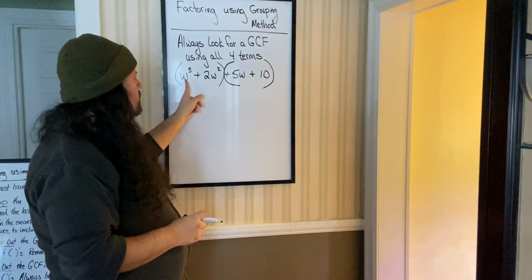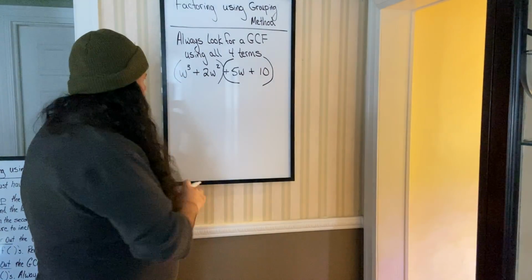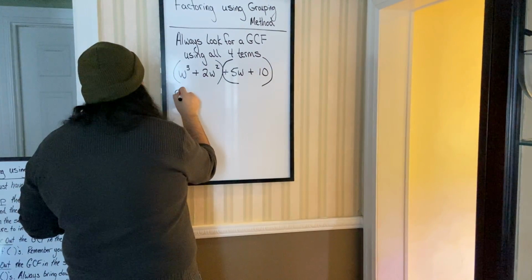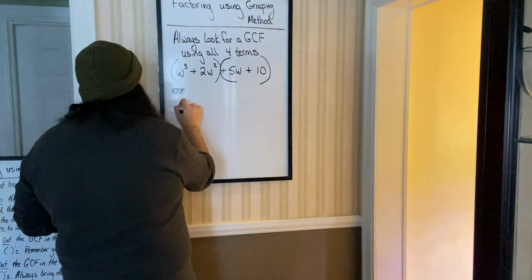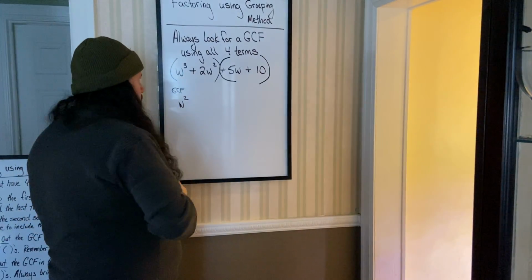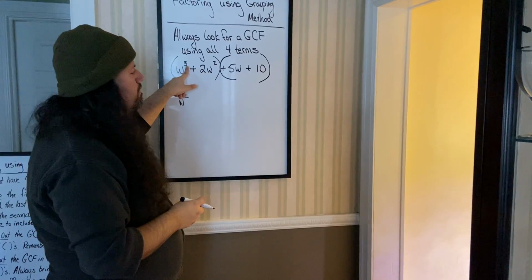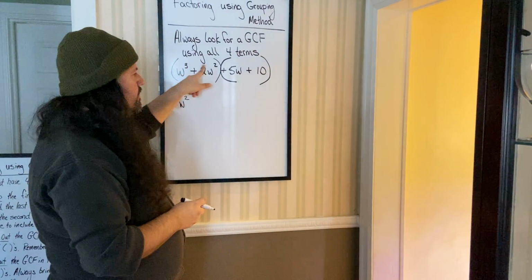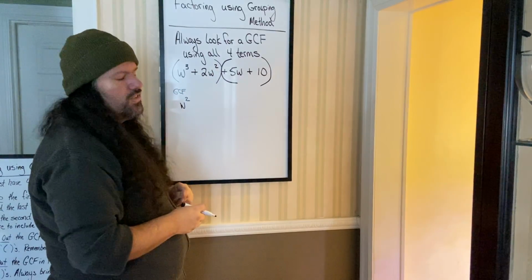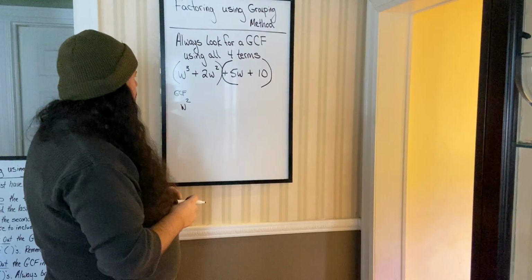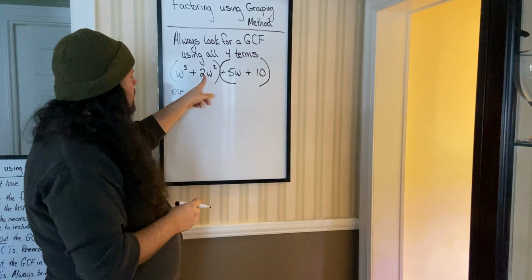See, in these 2 terms, they both have a W. So we're going to pull out the GCF, W squared. Why squared? Because anytime we have the same letters, I always told you to grab the smallest exponent. 3 versus 2, I'm going to grab squared. Also, do we have a number in common?